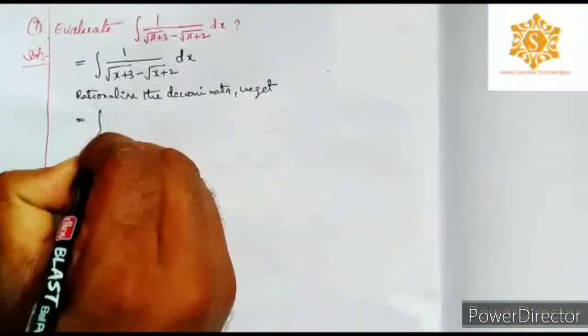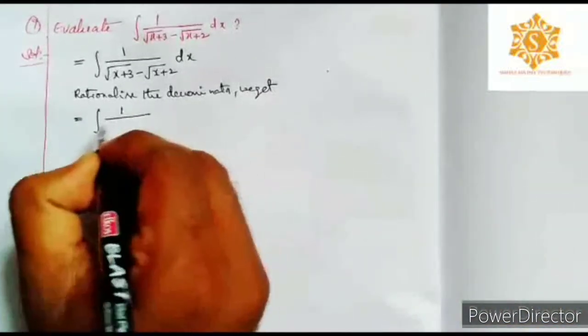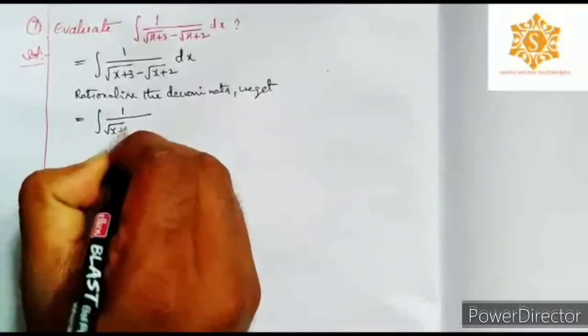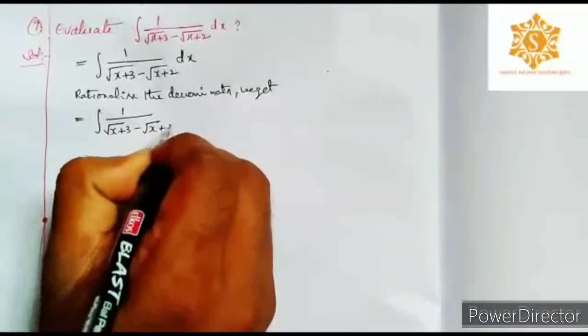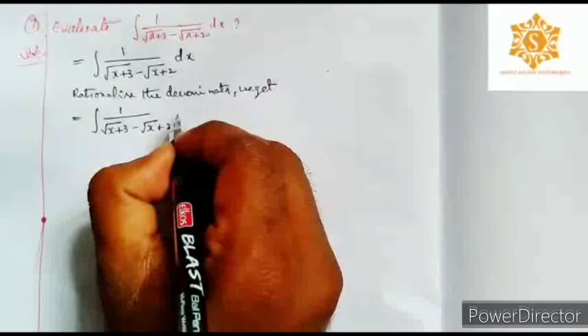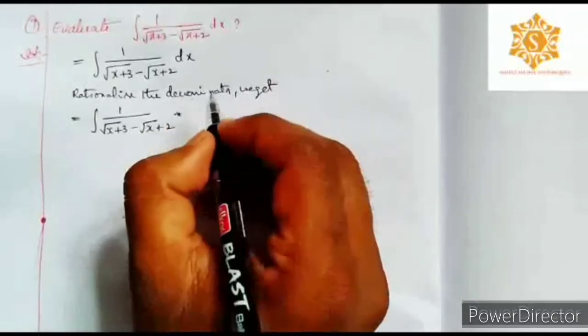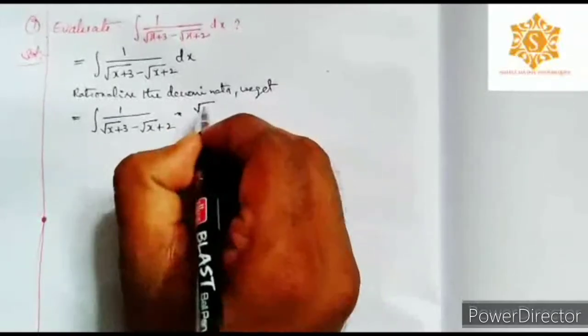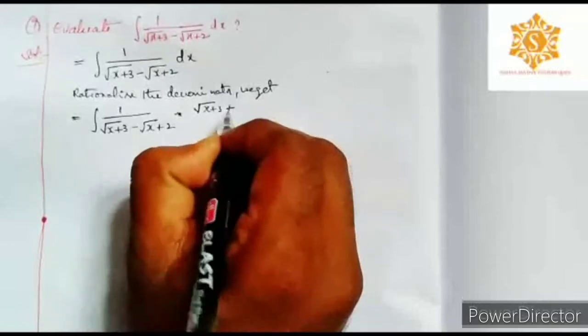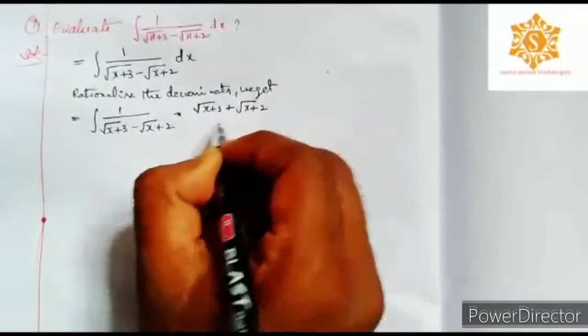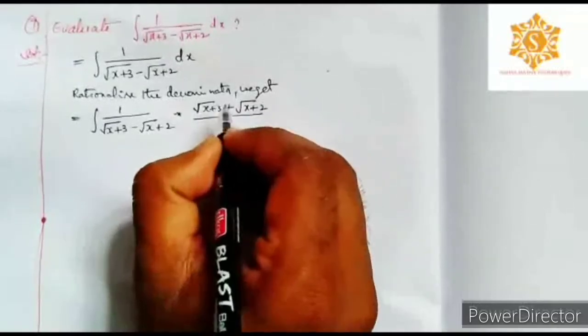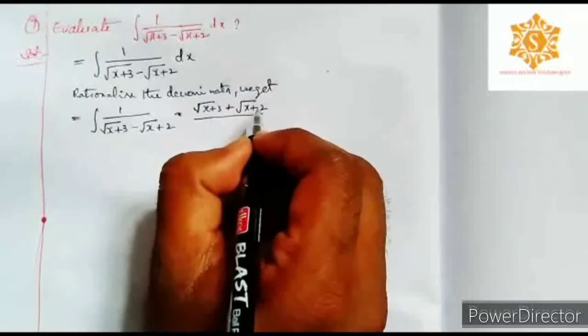That is equals to integration of 1 by square root of x plus 3 minus square root of x plus 2. So here we multiply the numerator and denominator by square root of x plus 3 plus square root of x plus 2. Why do we multiply by square root of x plus 3 plus square root of x plus 2?